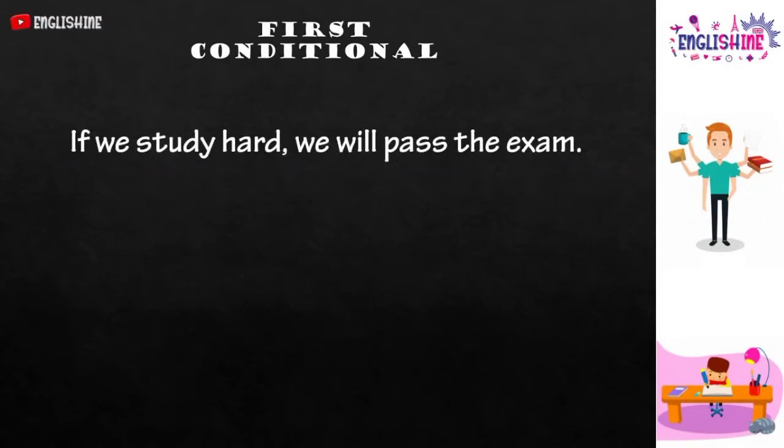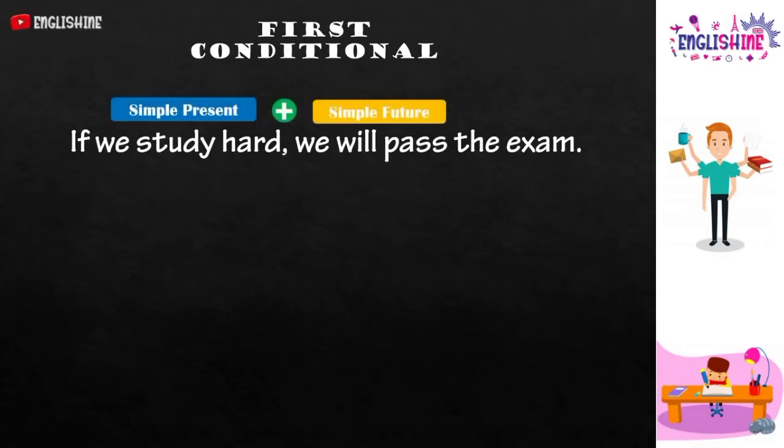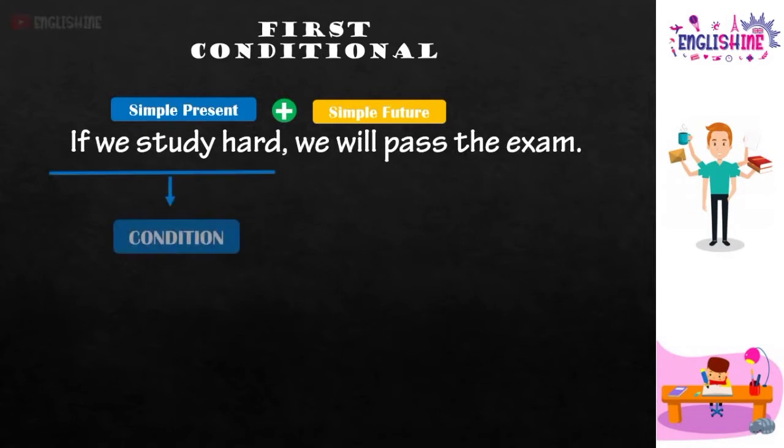If we study hard, we will pass the exam. These tenses are simple present plus simple future. If we study hard is the condition. This is an if clause because it begins with if.